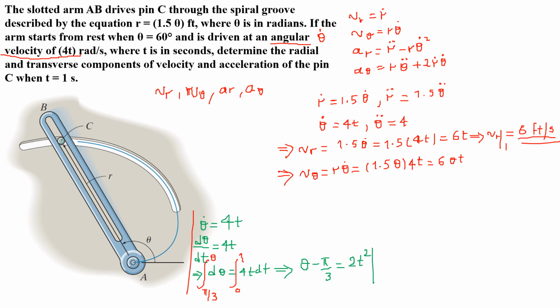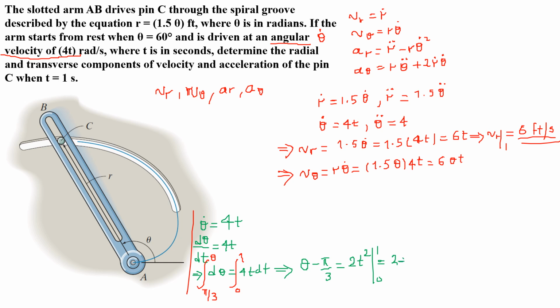This is from 0 to 1. So now if we replace t by 1, I will have this equal to just 2 times 1 square minus 2 times 0, so equals 2, right?